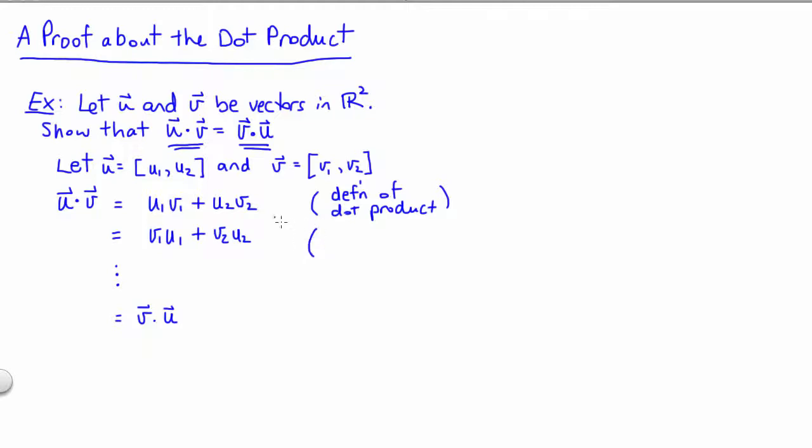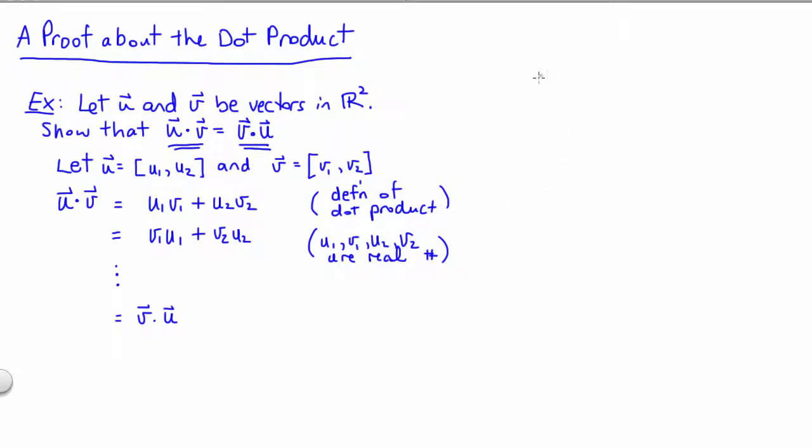Well, in fact, yes, these two things are equal because u1, v1, u2, and v2 are all just real numbers. So we're just using properties of the real numbers here.